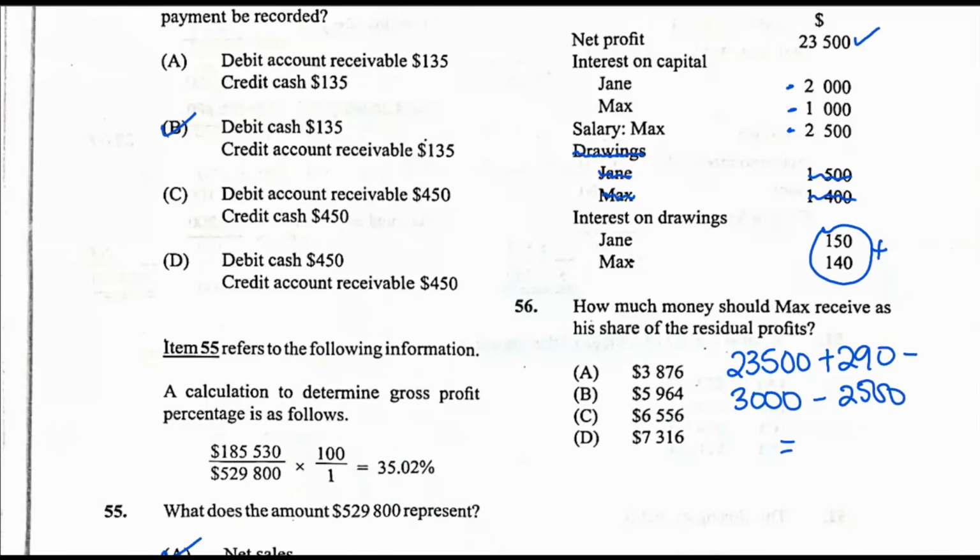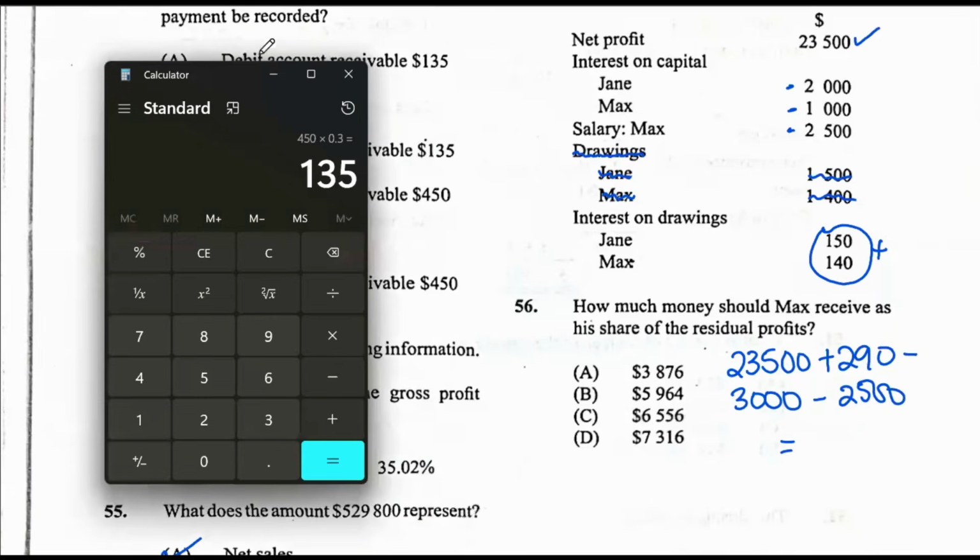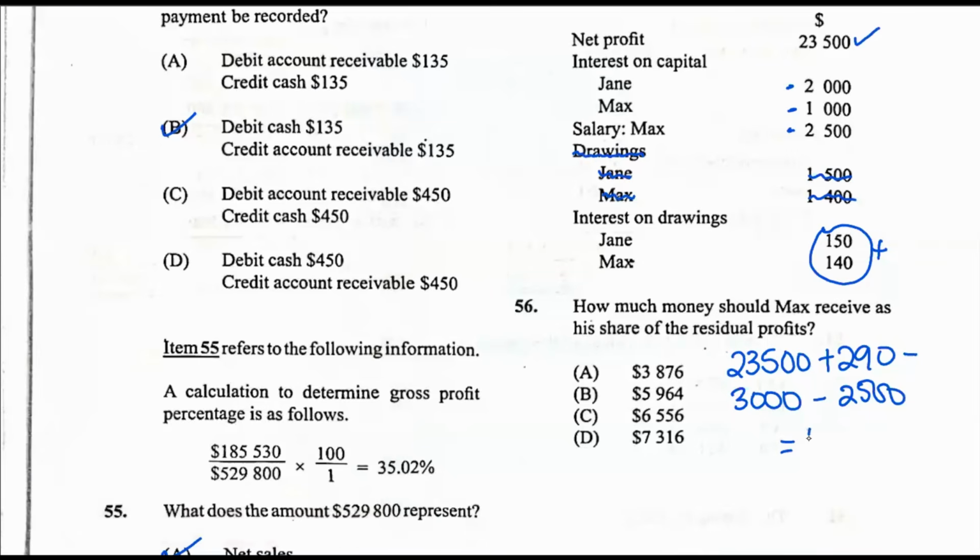So let's work it out. Add back the interest on drawings, minus the interest on capital, which amounts to 3,000 total, and then subtract the salary as well. All right, so remember interest on capital and salary must be subtracted. So good. So 18,290 is what you're going to get.